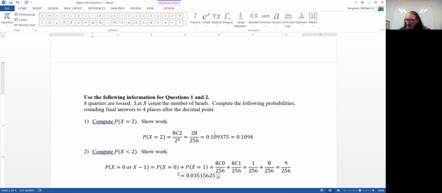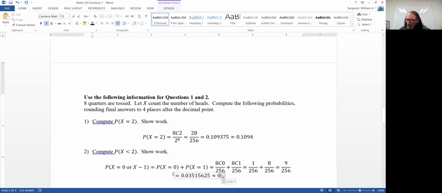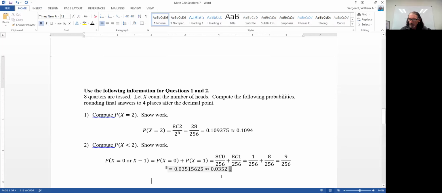Rounding that to 4 places as well, we're going to have 0.0352. So 5 after the 1, we'll round that up. Okay, that's it for this one.